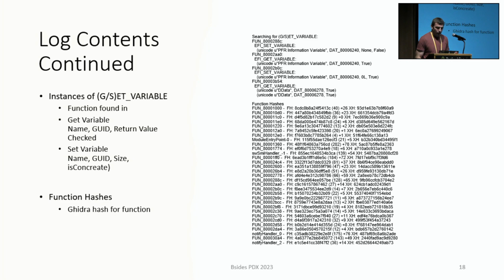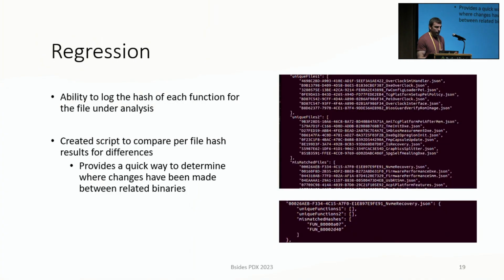And you can compare them, and you can say which functions were in both analysis pieces, and you can get the list, and you can also say which hashes were unique within them, and you get the list.